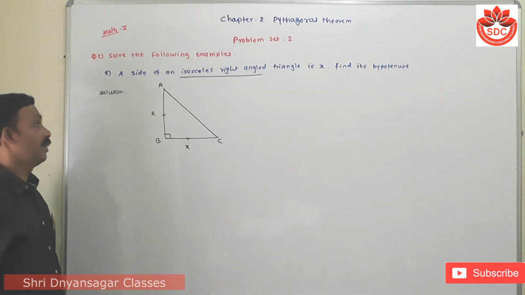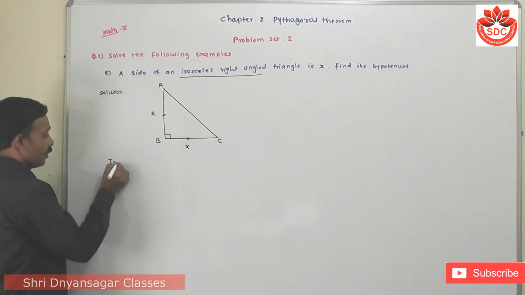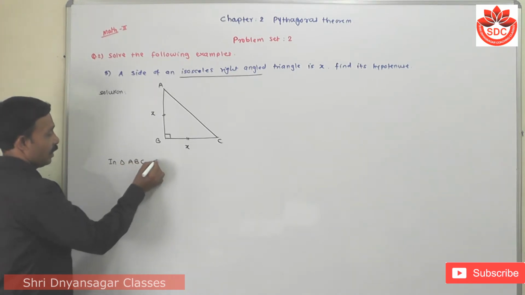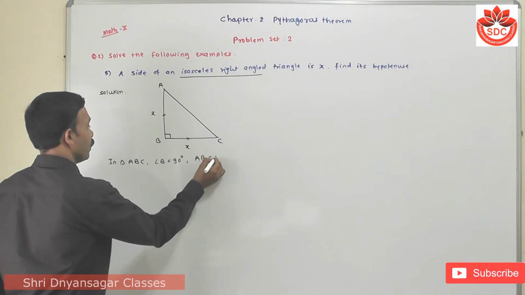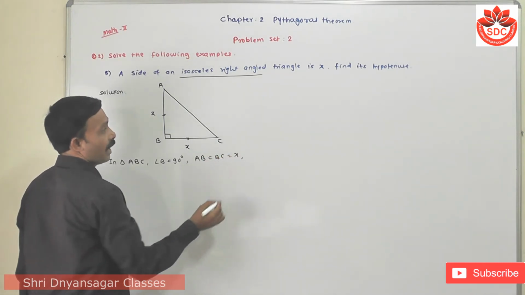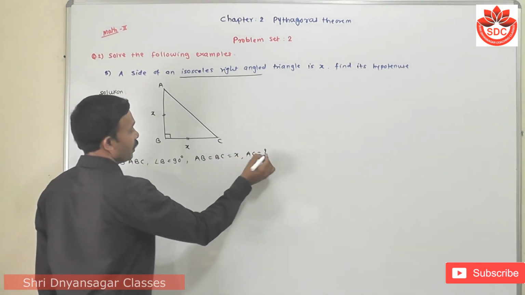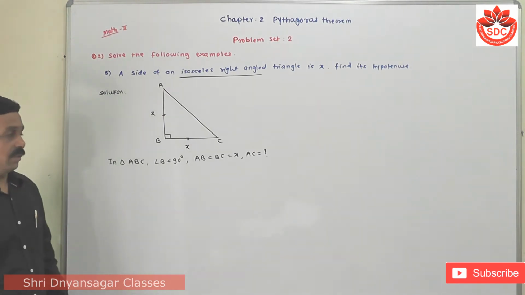That means here in triangle ABC, angle B is equal to 90 degrees. AB is equal to BC is equal to x. We have to find its hypotenuse, that means AC is equal to question mark.